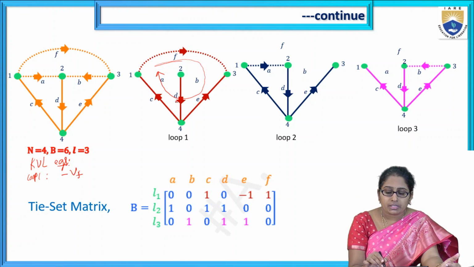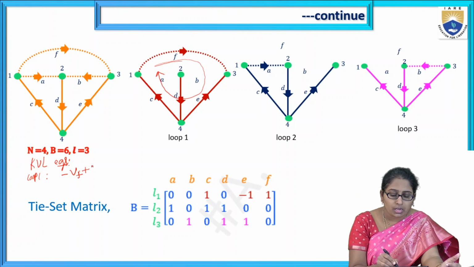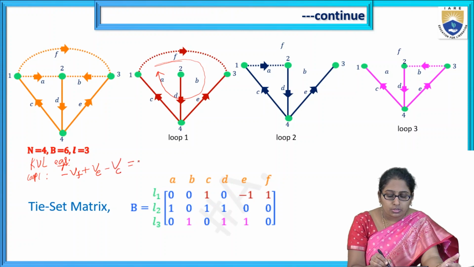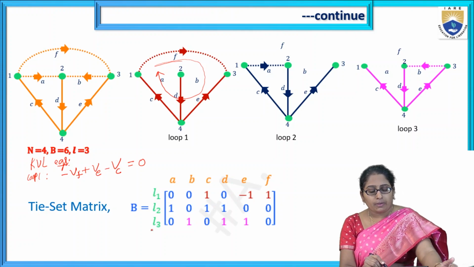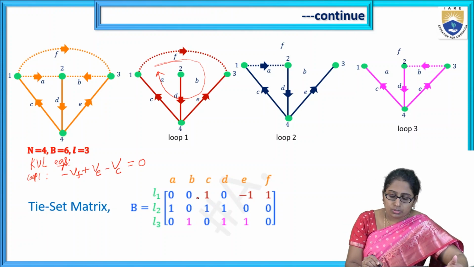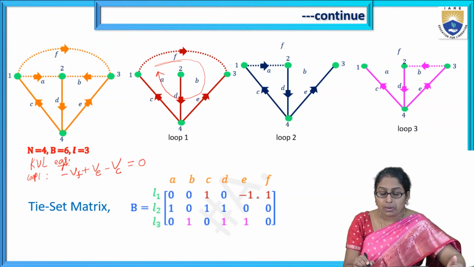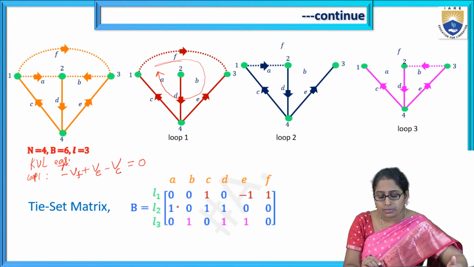Then what is the next branch? E, which is opposite. VE is opposite to the assumed direction, so plus VE. Next is minus VC equal to 0. That is the first equation. Now put that in the tie-set matrix, first row.